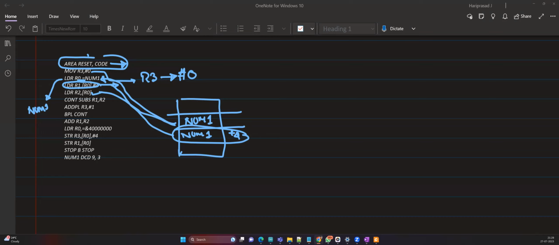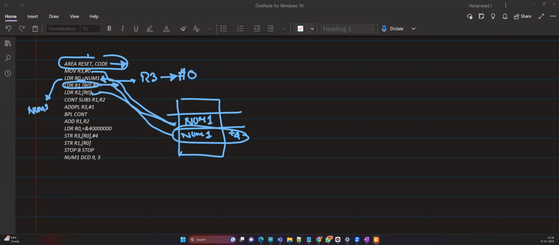Yesterday we had seen comparison operations, right? We hadn't come across the PL one. Plus or negative we had seen. PL means plus. In the comparison, we had seen something like PL as the state. Do you remember?